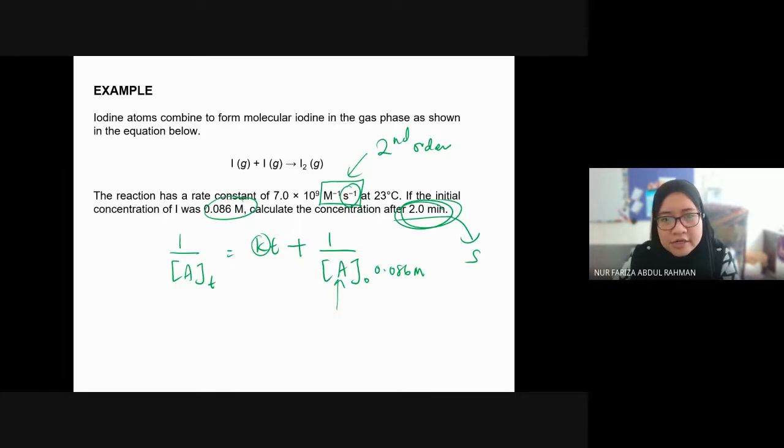Alright, so transform so that you can insert the K. Dia nak apa? Dia nak this one. Okay, A after 2 minutes. So time we have already 2 times 60 seconds will be 120 seconds.